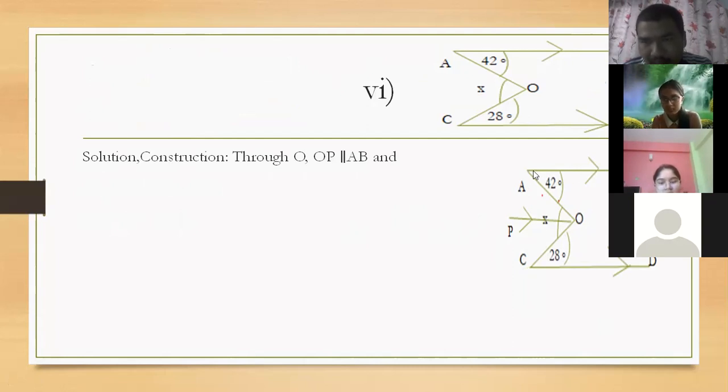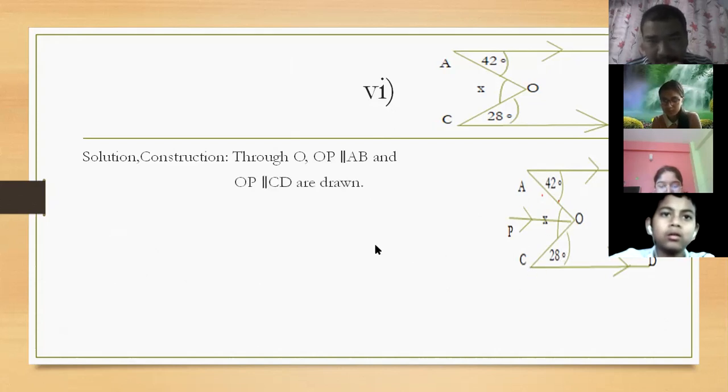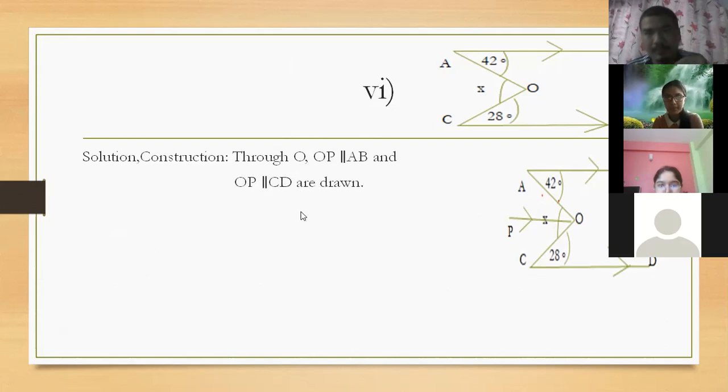The upper one is an alternate angle, and the lower one, POC, is also an alternate angle with this 28 degrees. First of all, we have to mention this construction here.